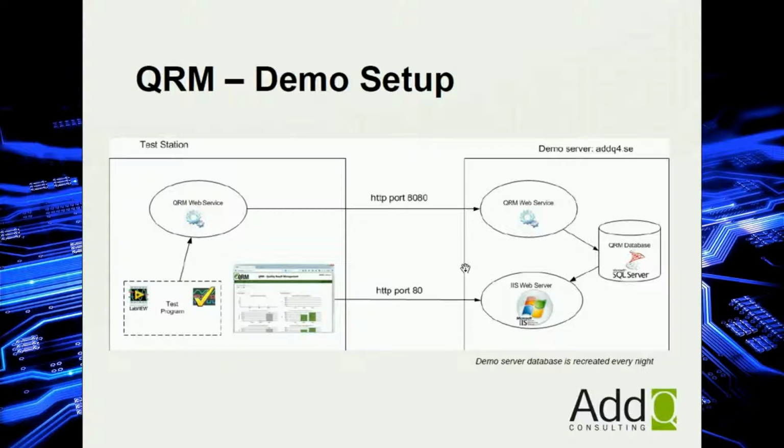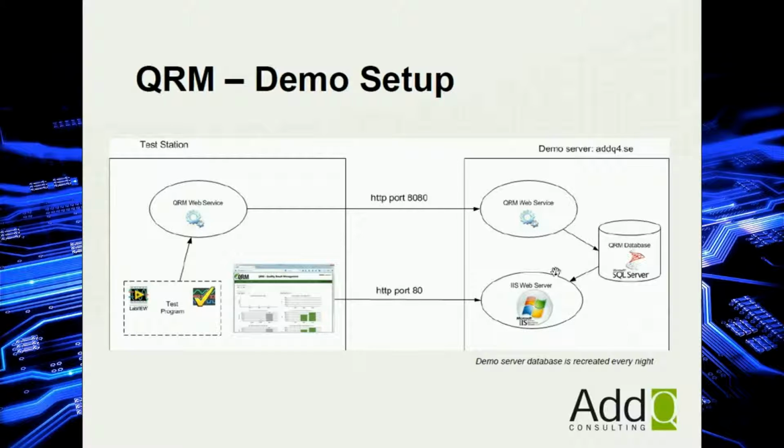The next thing we need to do is to install the QRM web service. After we have installed the client, either a LabVIEW client or a test client, we need to install the QRM Windows background service. This picture shows what we're trying to do. To the left we have the test station, that's the computer I'm at now, and we're trying to set up this station to post reports to the demo server located at adq4.se, here to the right.